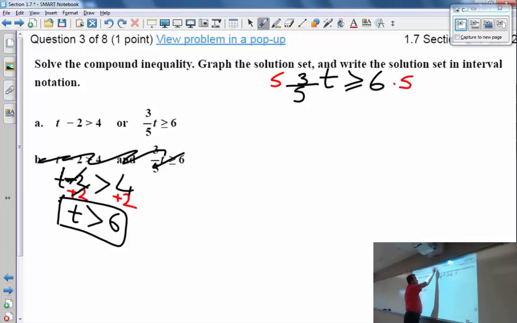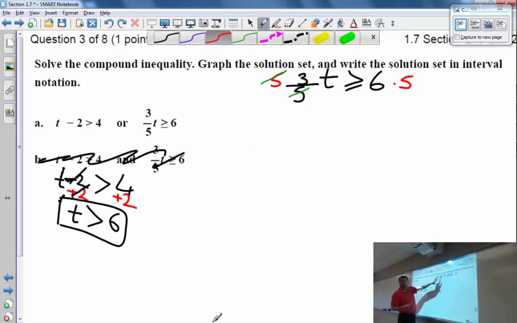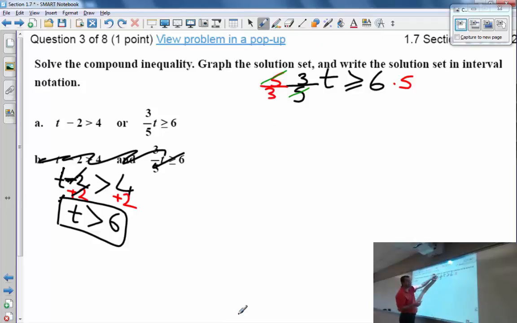I will clear this one. Alright, what do I do with the 3 then? Divide by 3. So you can actually do both moves in one step. Why not multiply by 5/3, if you're going to divide later? If you have a fractional coefficient, you flip it so it cancels everything.